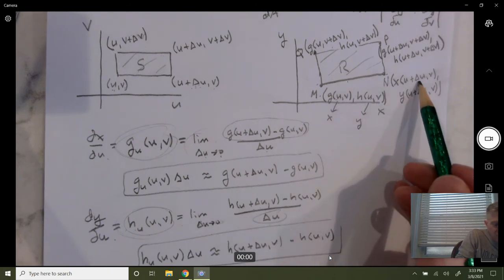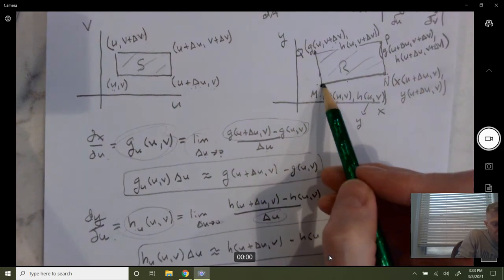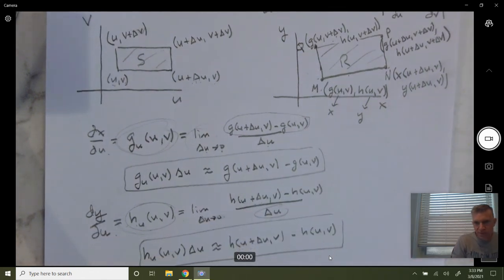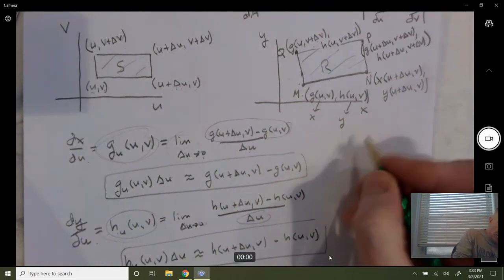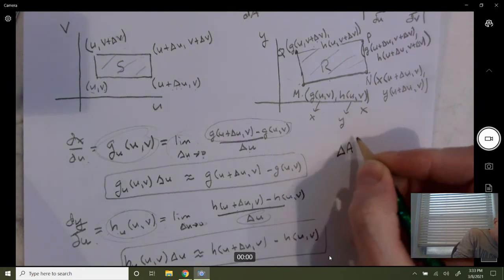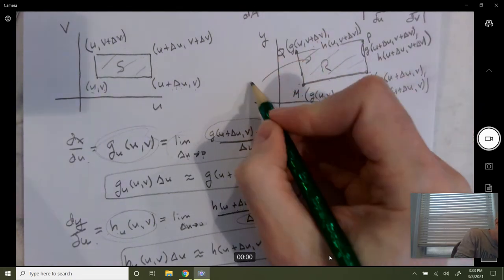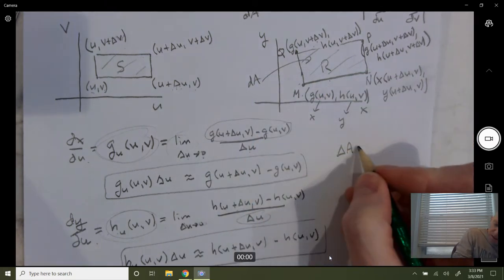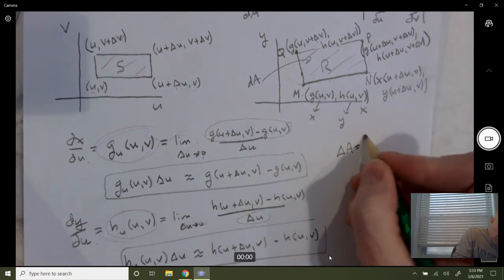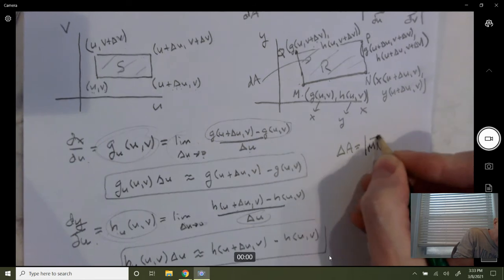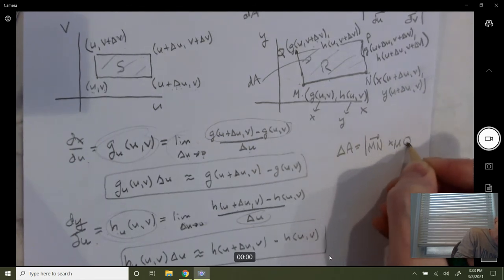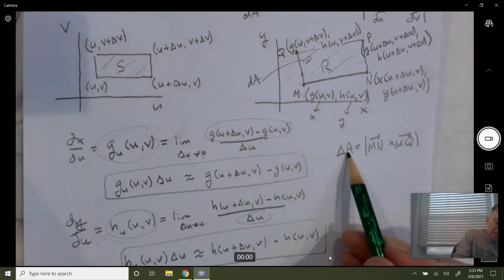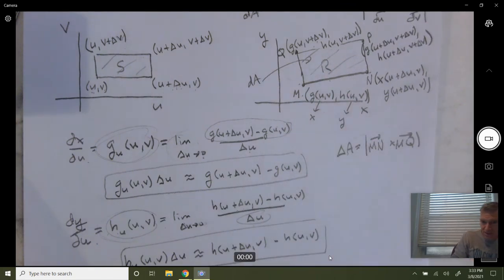If delta u and delta v are small enough, as we zoom in, this is going to look linear, and we can approximate it by this parallelogram, which is convenient because we do need to know this delta A, this dA, is equal to the magnitude of MN crossed with MQ. So this delta A is going to be equal to this thing.